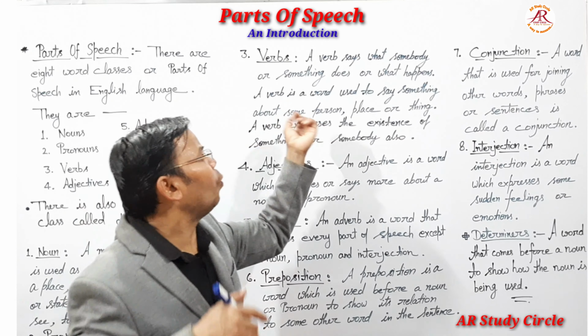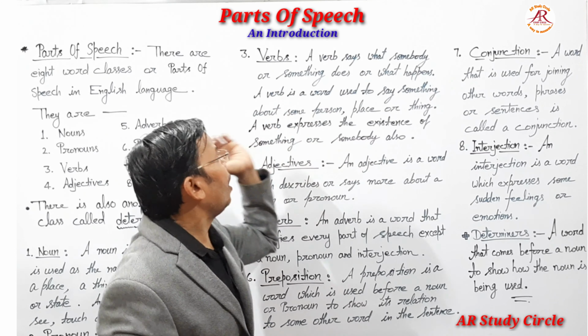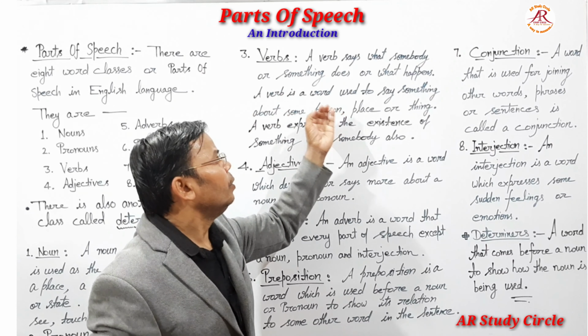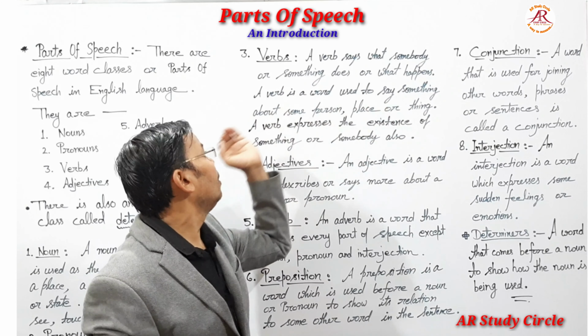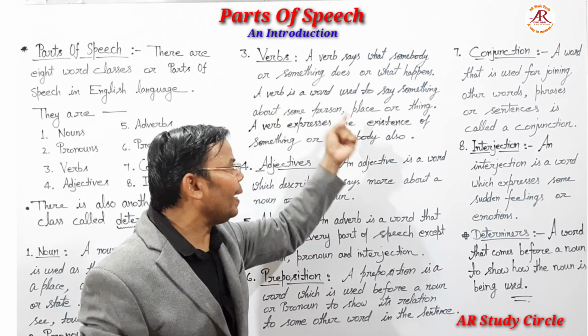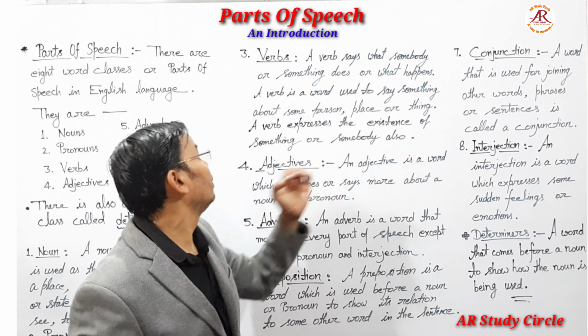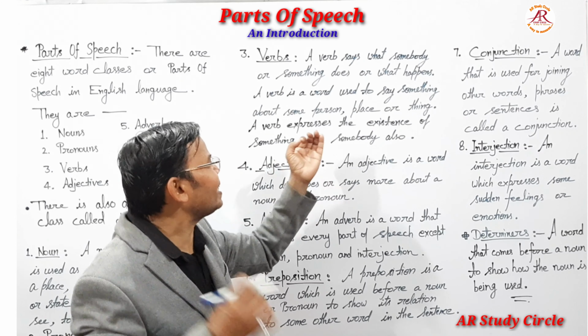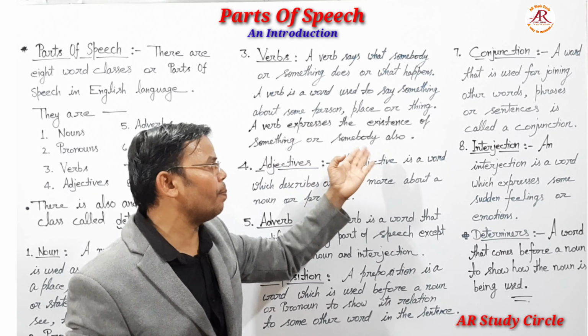A verb is a word used to say something about some person, place or thing. A verb expresses the existence of something or somebody also.